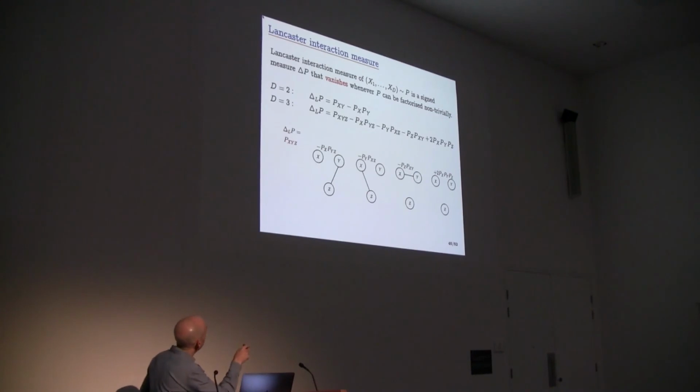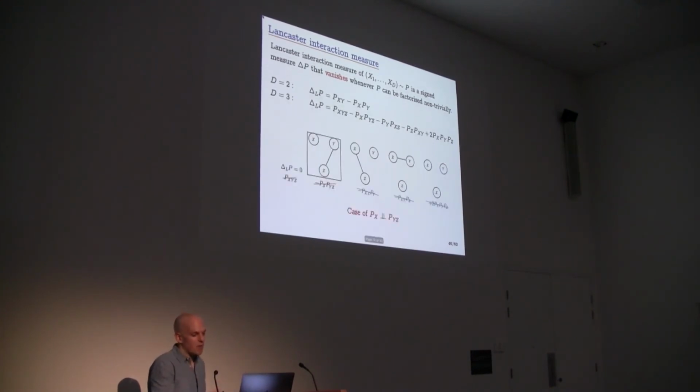This is a signed measure which is going to be 0 in the case where I have any kind of factorization of my 3-variable distribution. Let's say that it's true that x is independent of yz. Then these two cancel, and these are all the product of px, py, pz, so these all cancel, and this signed measure is 0.